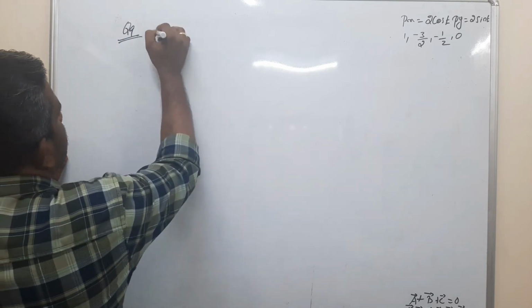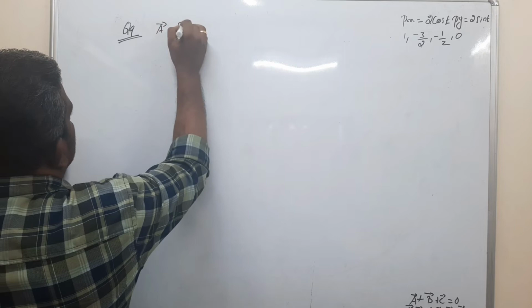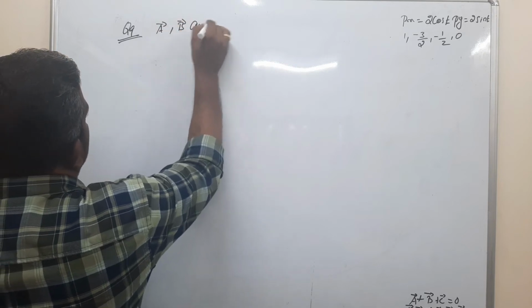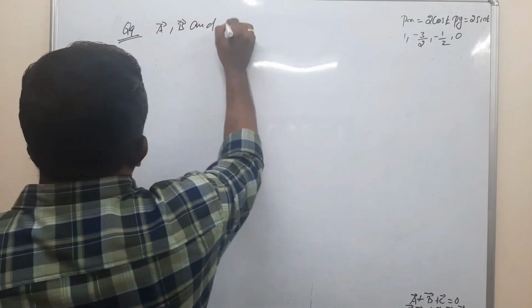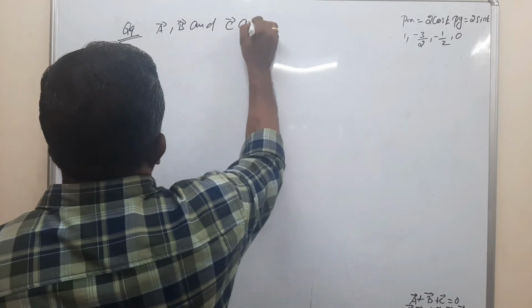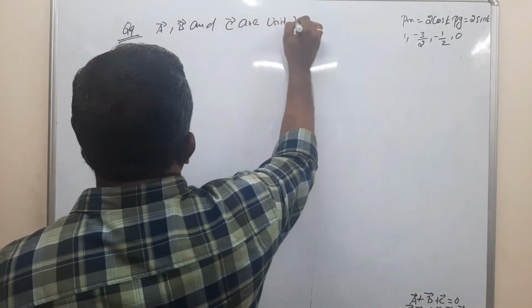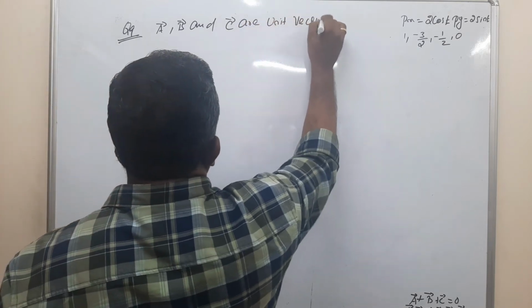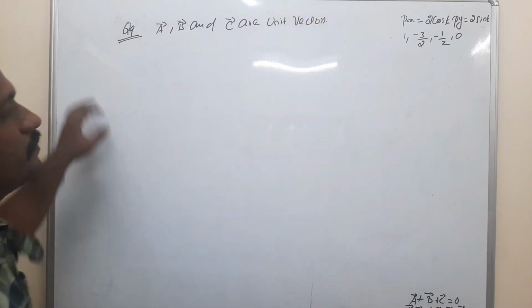A vector, B vector and C vector are unit vectors.